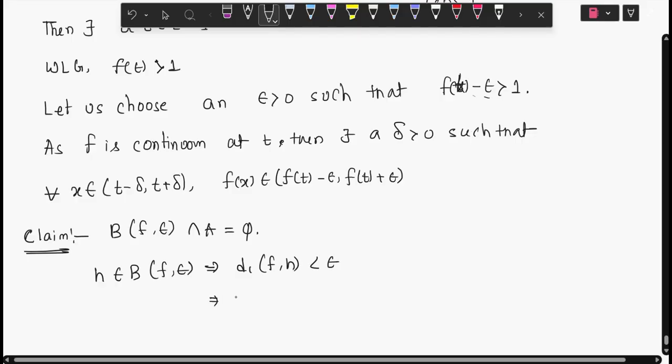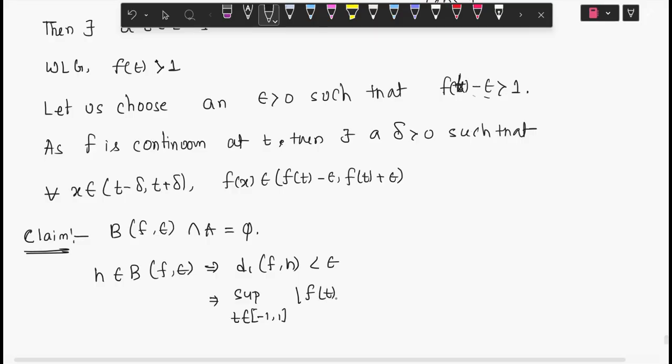So by definition of D1, the supremum over t belonging to [-1,1] of the modulus of f(t) minus h(t) is less than epsilon.